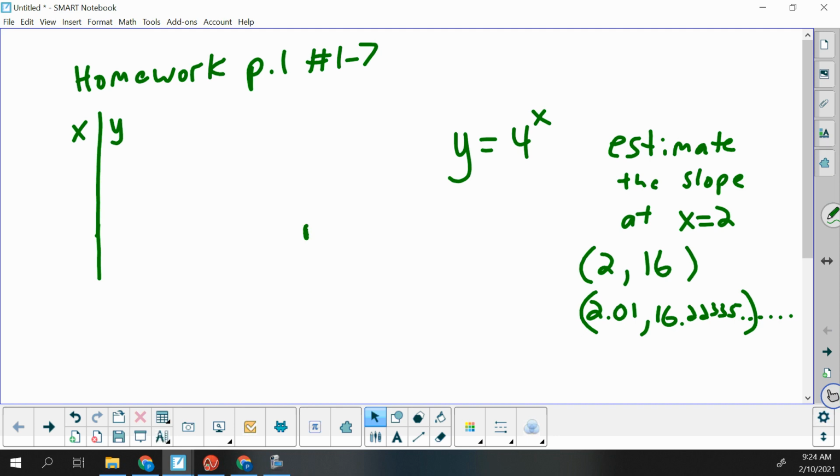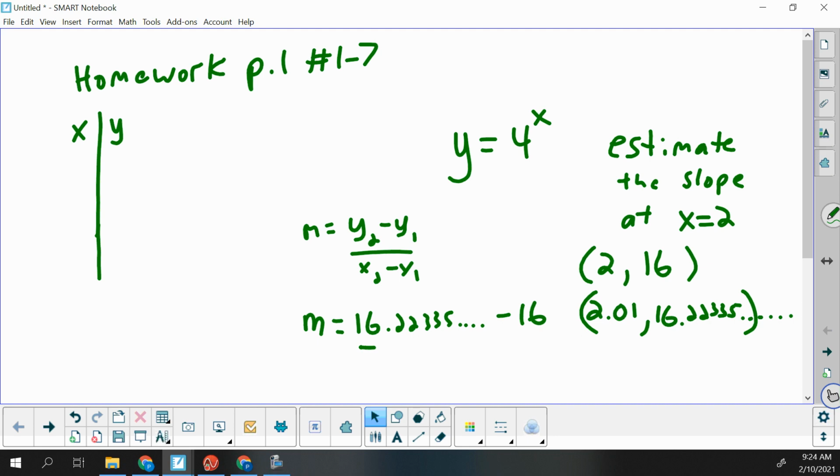Now we'll just do our slope equation of y2 minus y1 over x2 minus x1. I'm going to start with my big long decimal, so 16.22335 ... minus the other y of 16 over 2.01 minus 2.